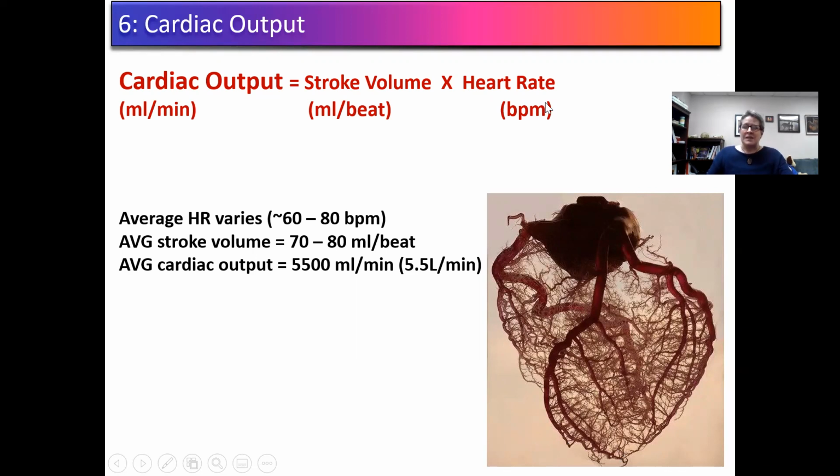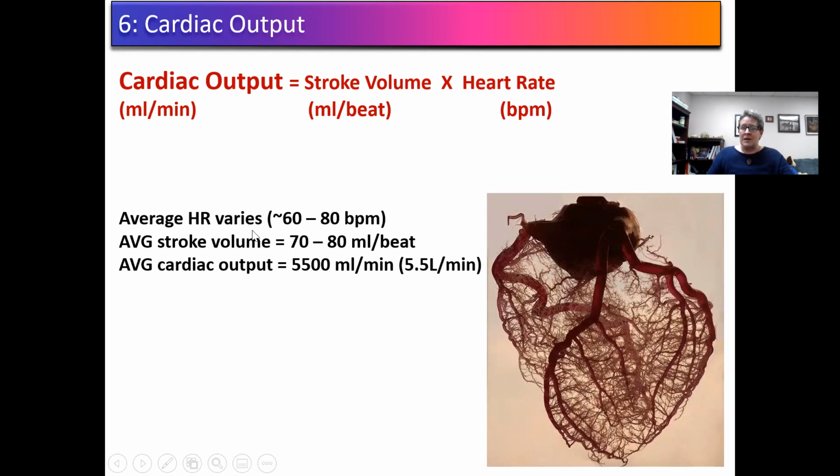Well, you know what heart rate is. That's the beats per minute of your heart. But stroke volume is, with every beat of the heart, with every cardiac cycle, the volume of blood that is ejected from the heart. So that's the mLs for every cardiac cycle, every beat. If you multiply that by how many times your heart beats in a minute, you get cardiac output, or milliliters of blood every minute.